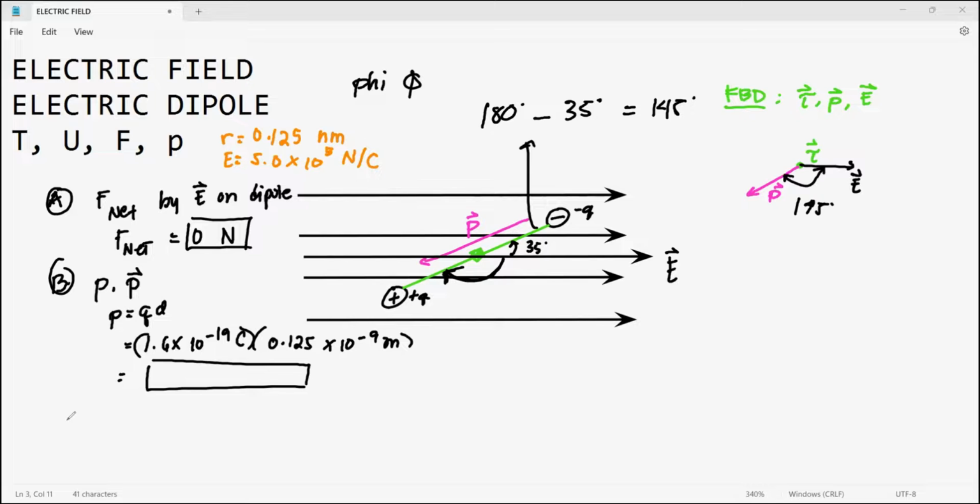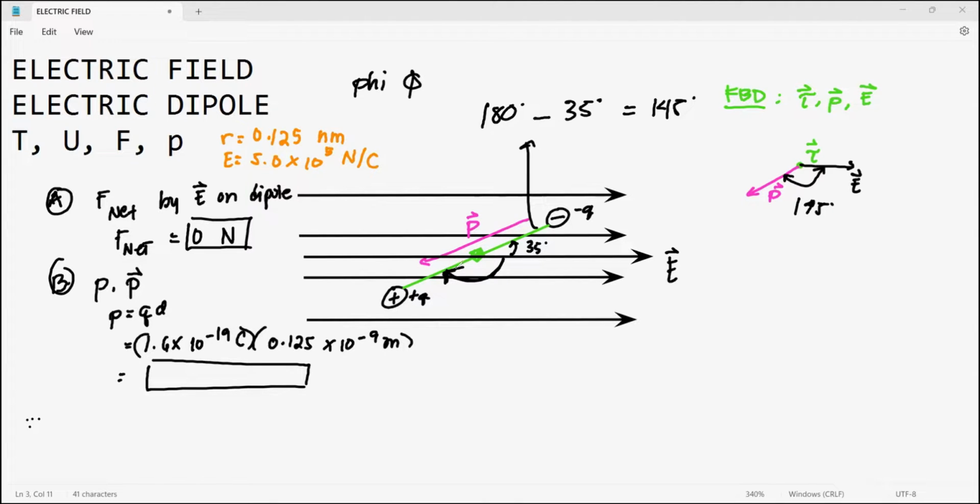For the direction, because we need the direction of our electric dipole moment, we can simply say it's from negative to positive charge, and if you'd like to make use of the angle, we can also say that it's from negative to positive charge and 145 degrees clockwise from the electric field direction.